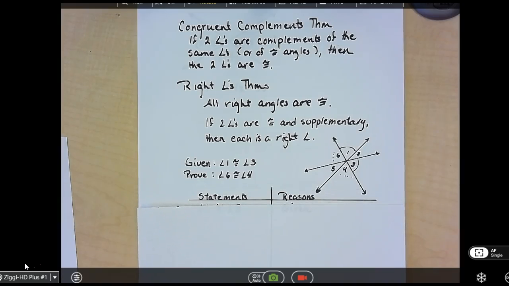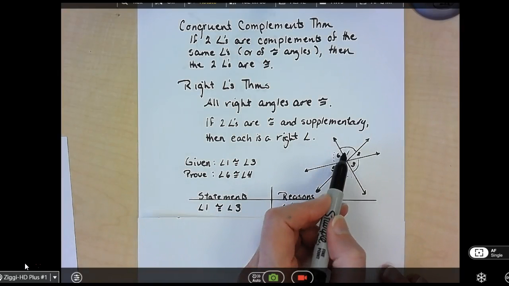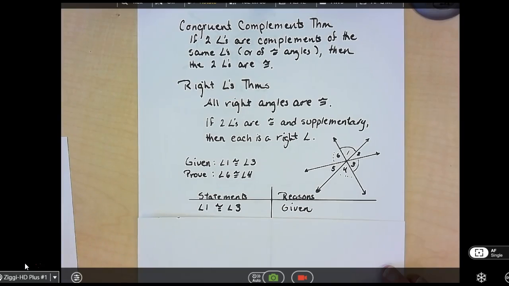So let's just start with our statements and reasons. And again, with our first one, we always write down what is given. And that was that angle 1 was congruent to angle 3, given. So now I have to look at my drawing, because this given doesn't give me any more information. Sometimes the drawing will give you more from just this statement.